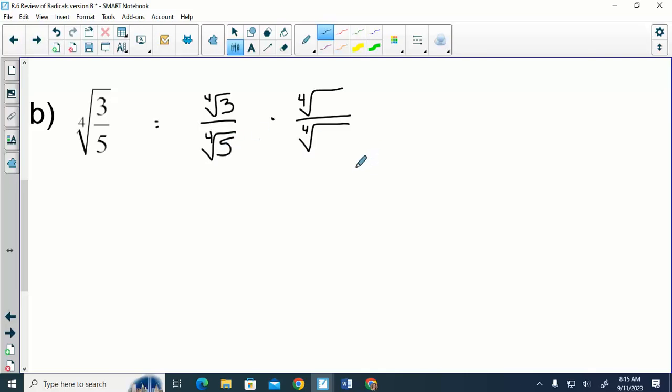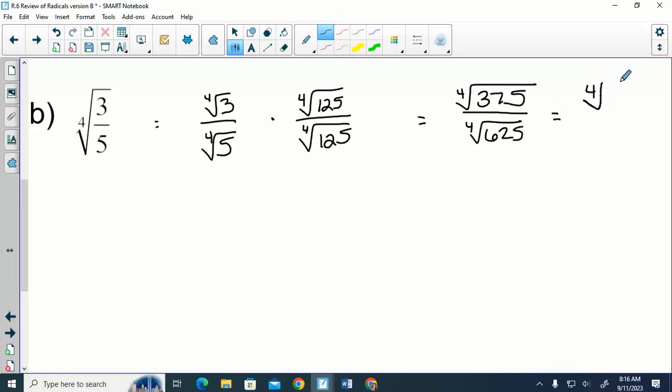So we need 3 more, or 5 to the third is 125. On the top we get the fourth root of 375. On the bottom that's the fourth root of what is the fourth root of 625?